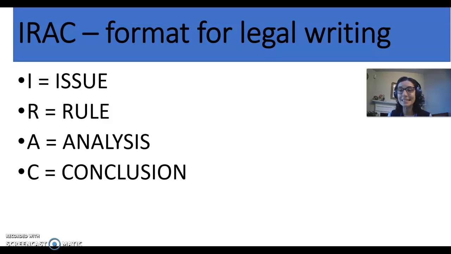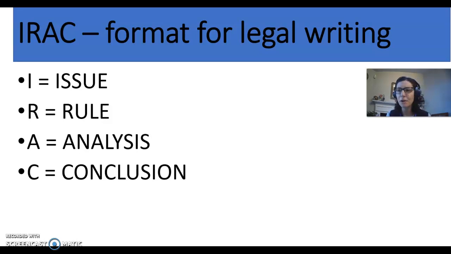What this means is it's not stream of consciousness. It's not like read a case, discuss, read a case, discuss, read a case, discuss. That would be all over the place. So what we're going to do with our class time is learn how to build an IRAC. And we have lots of examples in the book. Sack and Shop is a great example.